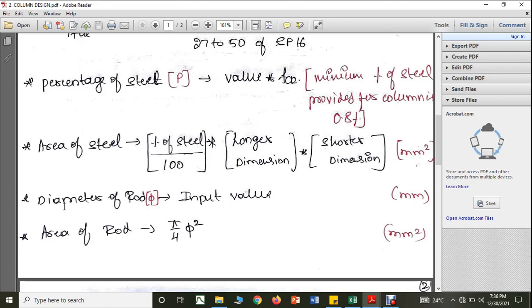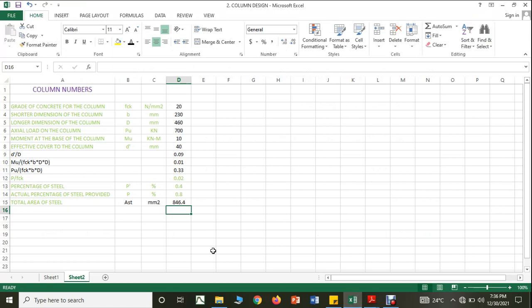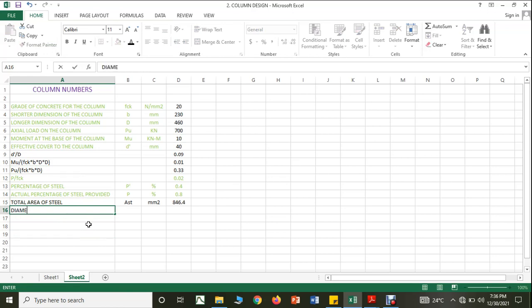Next you are supposed to find out the diameter of the rod that you are going to use. This will be in black color. So this is the area, then you are supposed to give the diameter of the reinforcement.